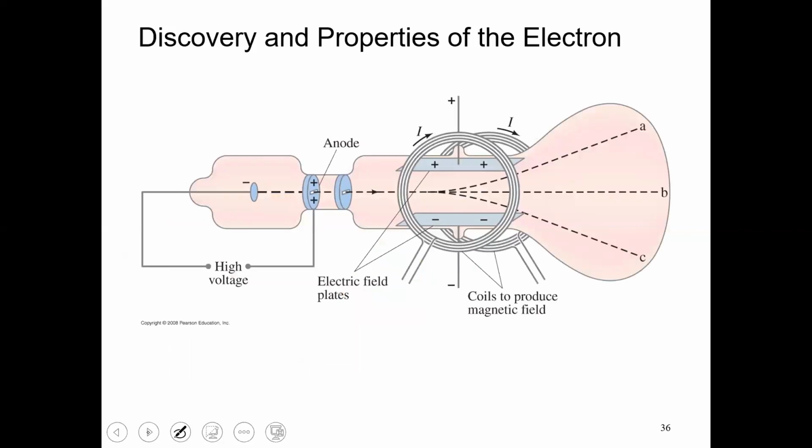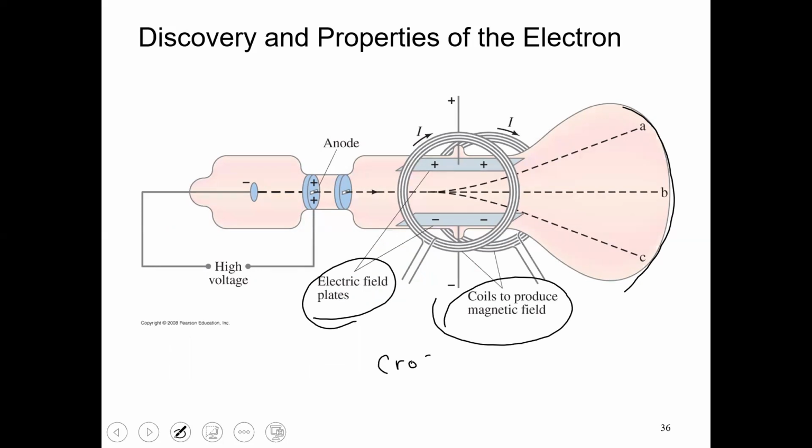You then use this kind of thing, and instead of just hitting a glowing screen, you add electric field plates and coils to produce a magnetic field that are both crossed. So again, crossed fields. Since you have high voltage, you can turn that into potential energy.